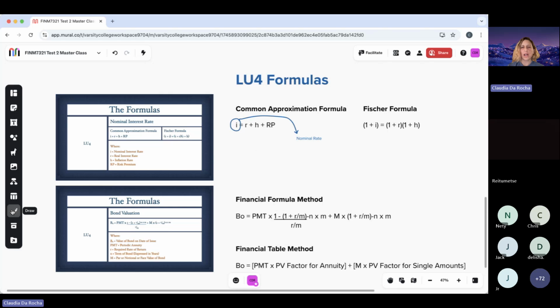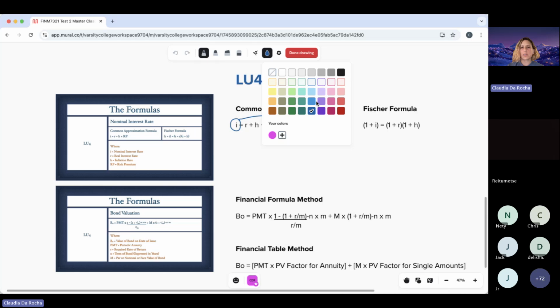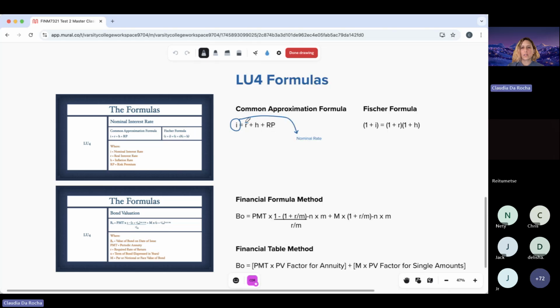Then we have our R being the real interest rate, so that is the rate without inflation.